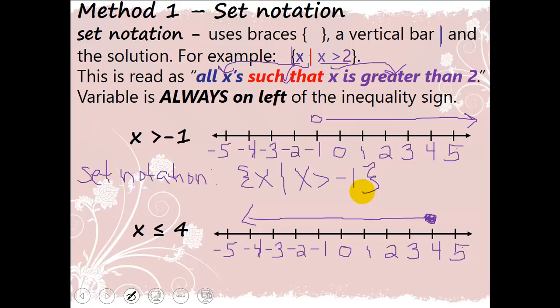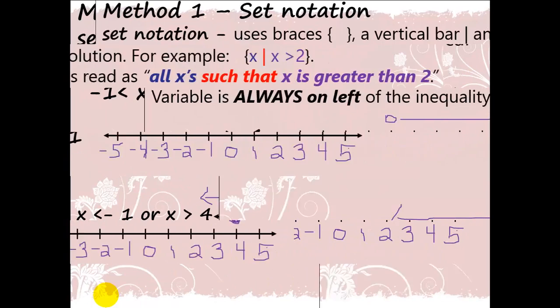The second example, set notation, I'm going to use the abbreviation set notation. We have all x's such that x is less than or equal to 4. So you're taking your solution, you're putting two braces on it, and an x in a vertical bar, or a variable in a vertical bar.